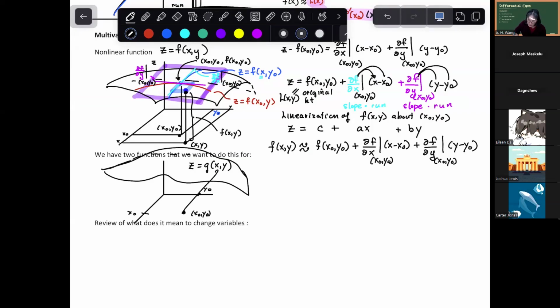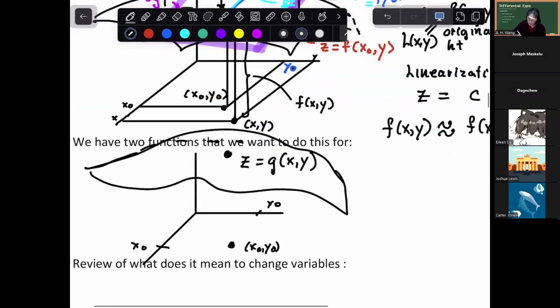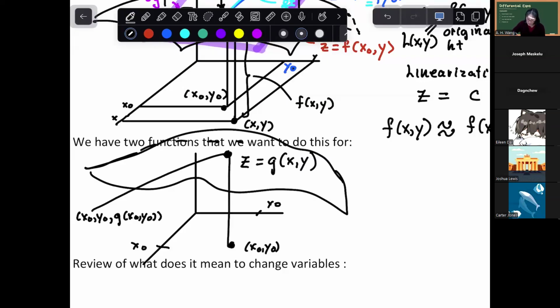And you plug this in. So you're going to get an actual point, this point up here. Its coordinate is going to be x naught, y naught, g of x naught, y naught. So this is g of x naught, y naught, the original height right here.